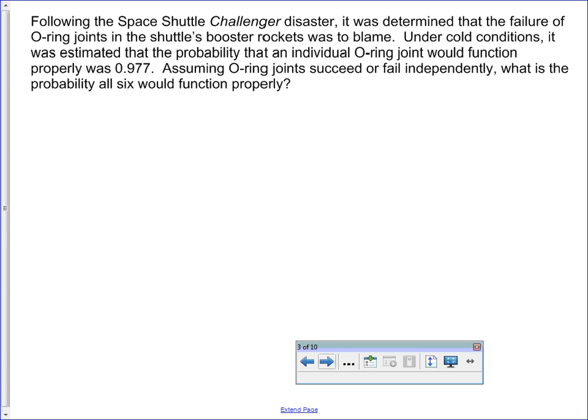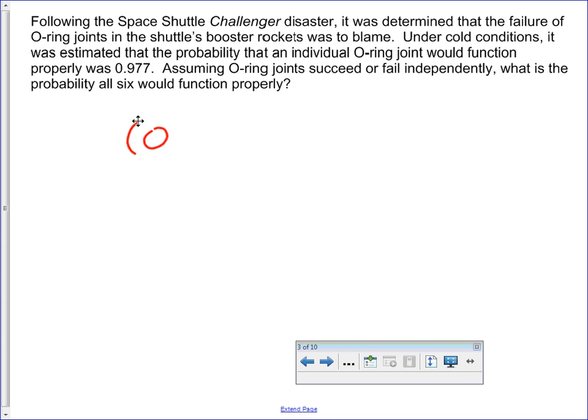So, following the space shuttle Challenger disaster, it was determined that the failure of an O-ring joint in the shuttle's booster rockets was to blame. Under cold conditions, it was estimated that the probability that an individual O-ring would function properly was 97.7% of the time. Assuming O-ring joints succeed or fail independently, what is the probability that all 6 would function properly?